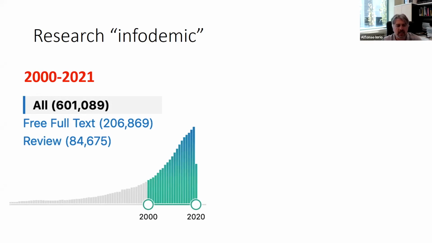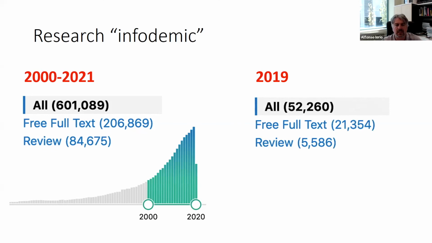This is how many are published per day, and I've highlighted here 2000 to 2020, and you see how steep is the rise of what gets published. And looking only at 2019, last year, 50,000 papers on pain, 21,000 free, almost half of them free.